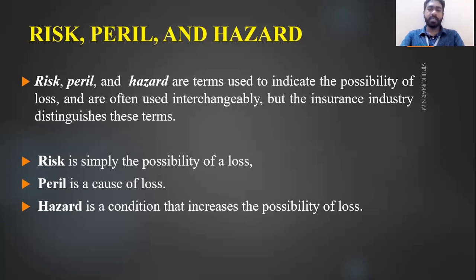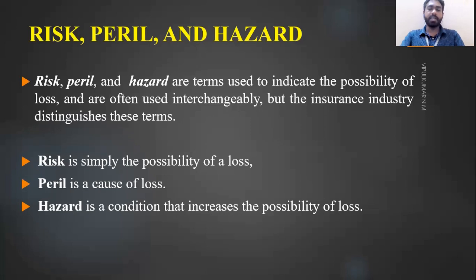Risk is simply the possibility of loss. That is the simplest meaning of risk. Next is peril. Peril is a cause of loss. In the previous slide, we saw that peril can be any natural calamity like flood, earthquake, fire, etc. The next one is hazard.